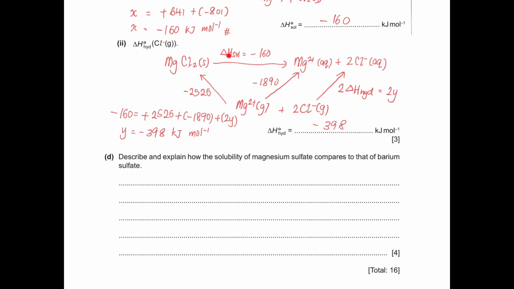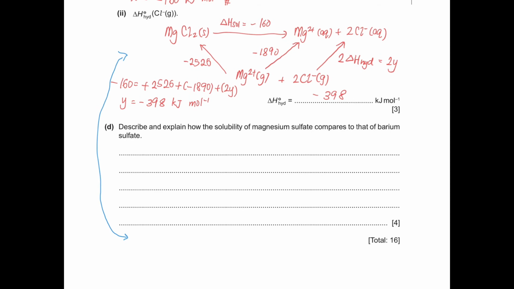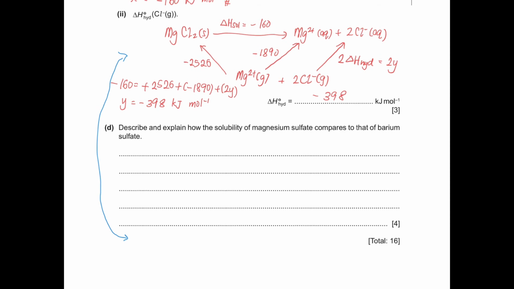Now I'm trying to explain it by using this thermodynamic cycle. I'm going to put it in a different color. This is not part of the answer, it's just explanation. First of all, on top of the equation, that is delta H solution.